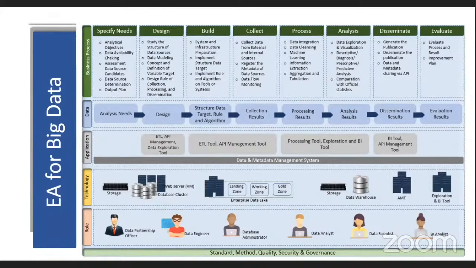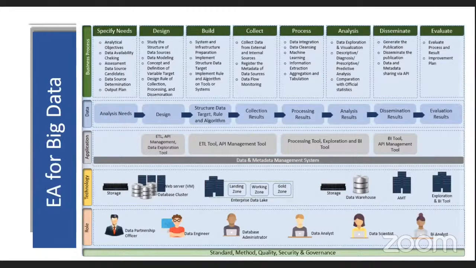Maybe we can get the data for two months, but the next month we cannot get it again, because the data provider does not provide it. We just crawl the data, but we don't have communication with the data provider. So in this case, in the specify phase, data partnership is very important for big data utilization.